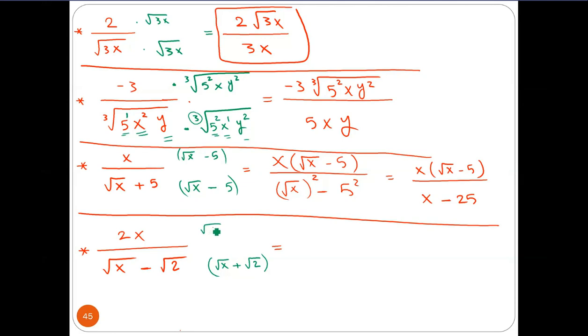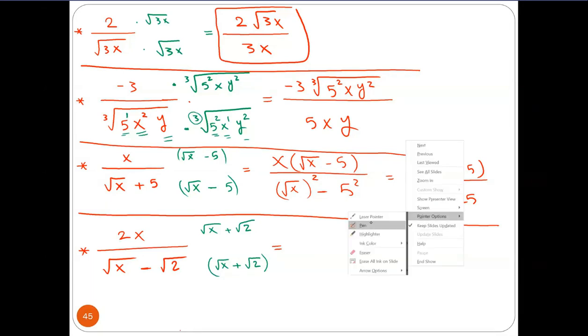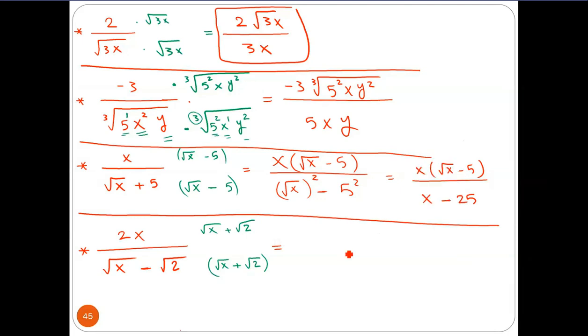And here radical x plus radical 2 must be multiplied by the numerator and denominator. Many students multiply only the denominator, and this is a big mistake. We multiply the numerator and denominator so we don't change the value of the fraction. So the value here equals the first squared, radical x squared minus radical 2 squared, and we have 2x multiplied by radical x plus radical 2.